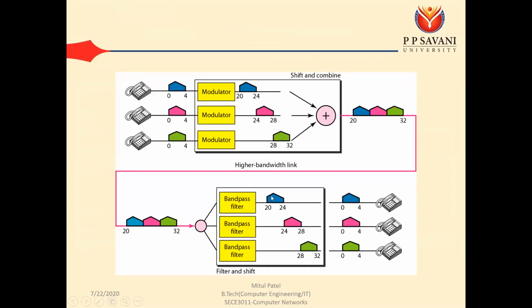We have seen this example: if you have a range of 20 to 32 kilohertz, we can divide it into three channels, 20 to 24 the first channel, 24 to 28 the second, and 28 to 32 the third. At the receiving side the filter separates all three frequencies.